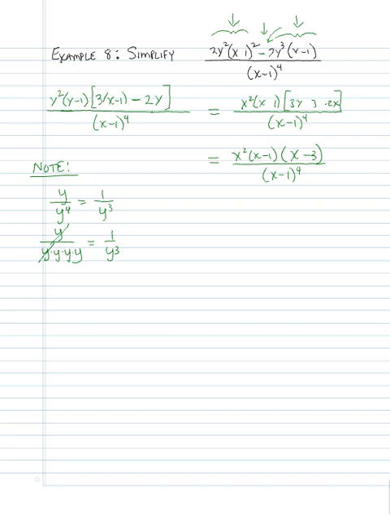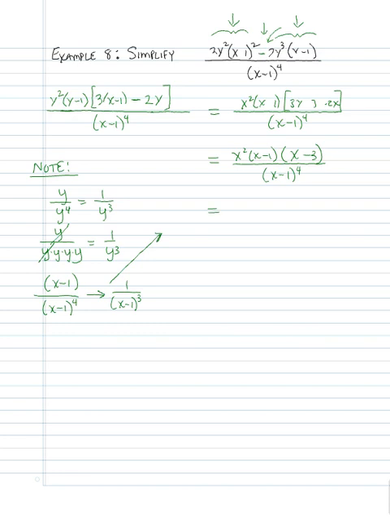But see what we have over on the right side. We have an x minus 1 factor in the numerator and an x minus 1 to the fourth factor in the denominator. And that itself reduces to 1 over x minus 1 to just the third power, just like we did with the y's above. So we're using that idea to simplify this fraction further.